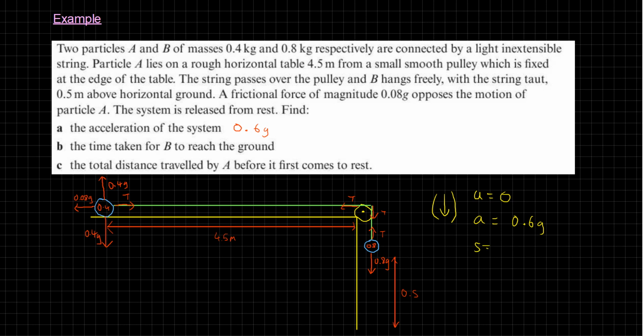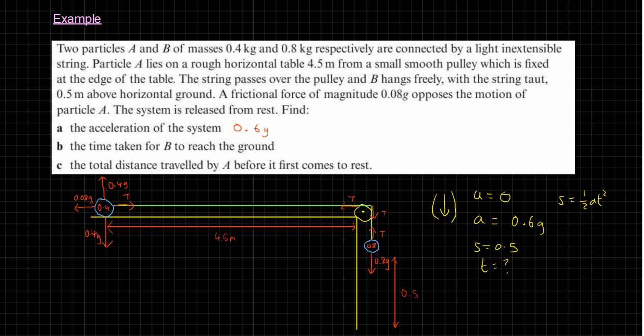S equals 0.5. T is unknown. S equals ut plus half at squared. It's all becoming nice and familiar now. Let me just rub that out so you can see that a bit easier. S equals ut plus half at squared. We know u is 0, so it's just going to be S equals half at squared.